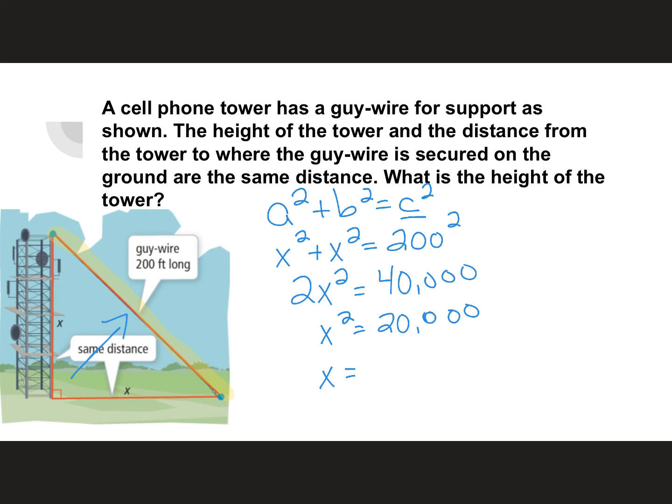So I know my only correct answer is going to be my positive answer. So the square root of 20,000 is approximately 141.42 feet. Again, this could be positive or negative, but because we're talking about a real world situation, it is positive.